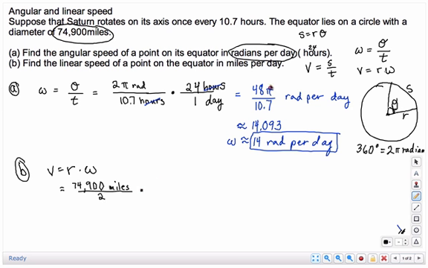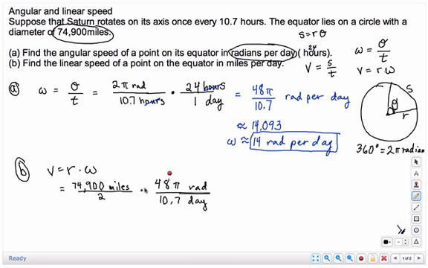The problem in ALEKS asks you not to use any approximate values until you get to your final answer, so we're going to use 48 pi over 10.7. This is radians per day, and I'm putting radians here and day down here just to keep myself straight.